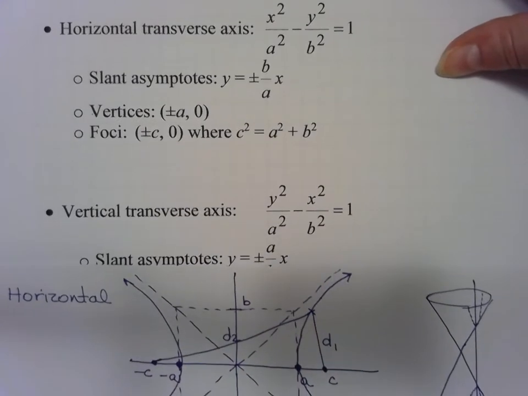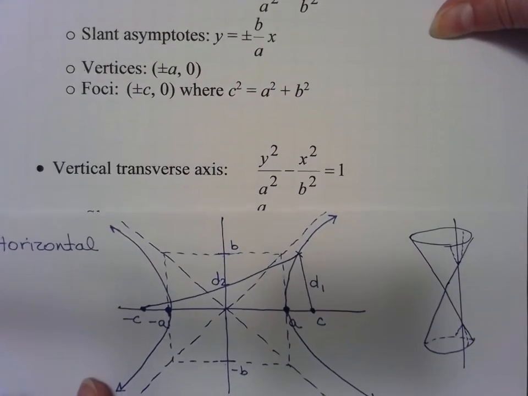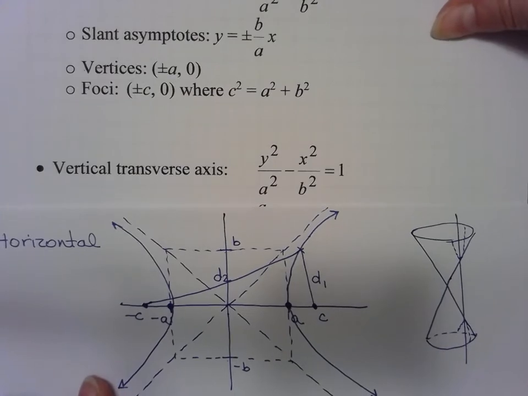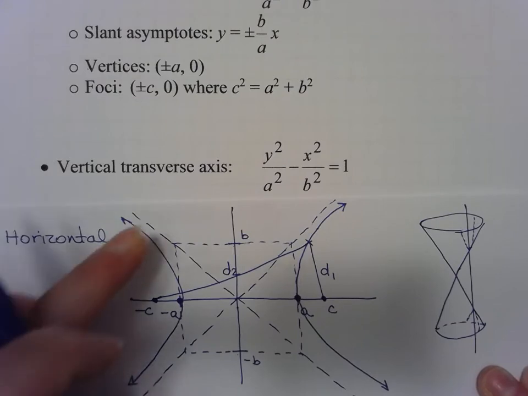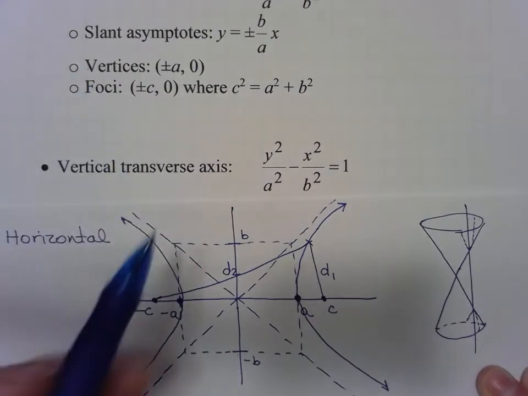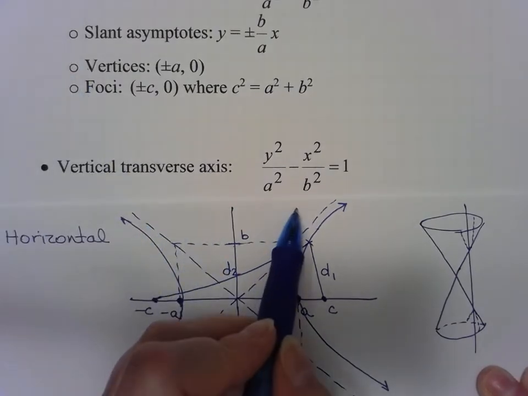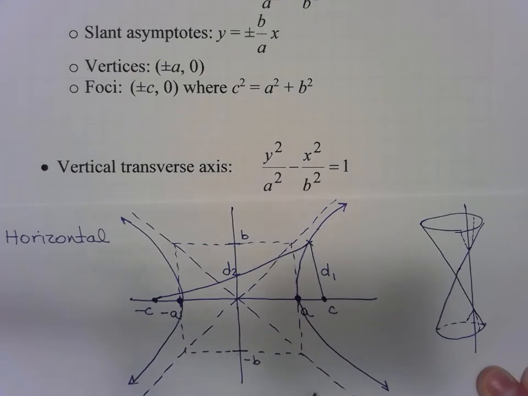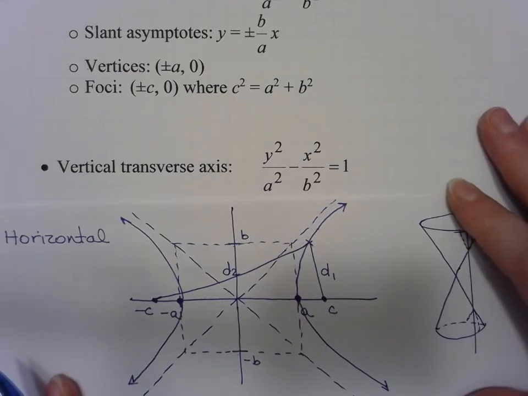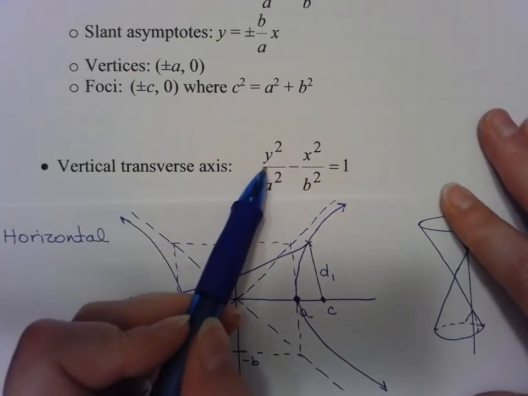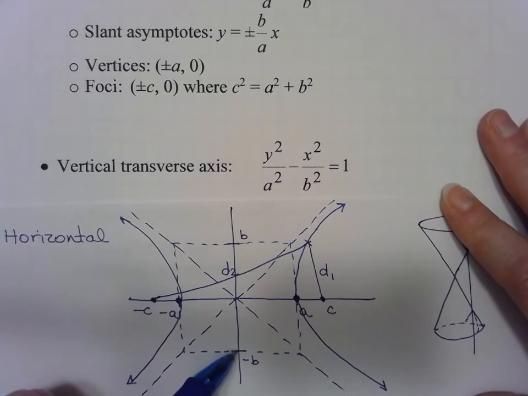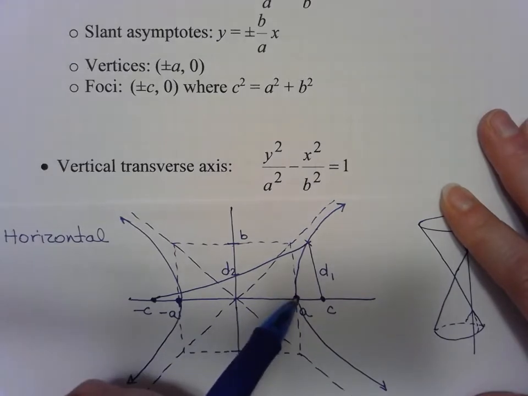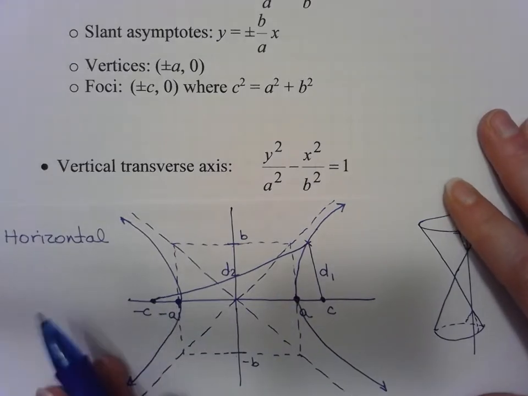Okay, and then if we were to change that to a vertical transverse axis, so maybe take this picture and flip it up 90 degrees, we'd have a curve up here and a curve down here. Notice for the vertical, the y comes first, so that tells us that the value for a would be here, and the value for negative a here, and these would be the b and the negative b.